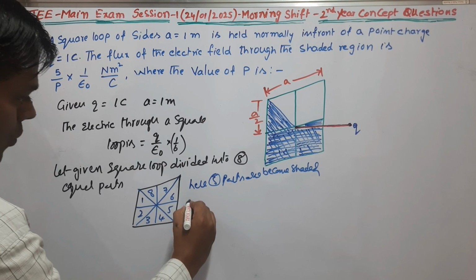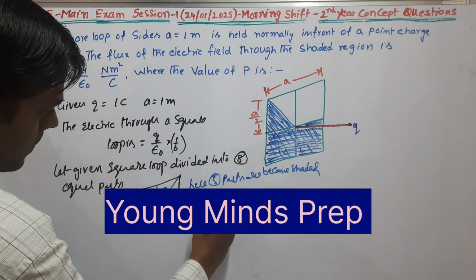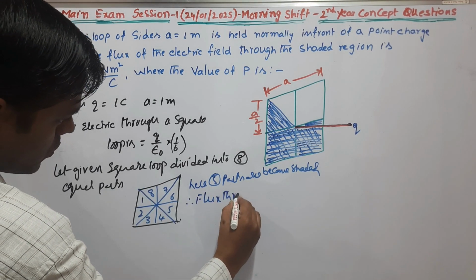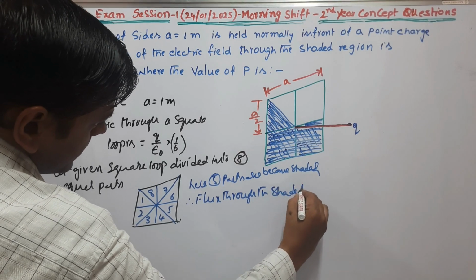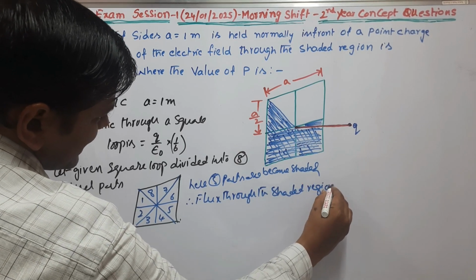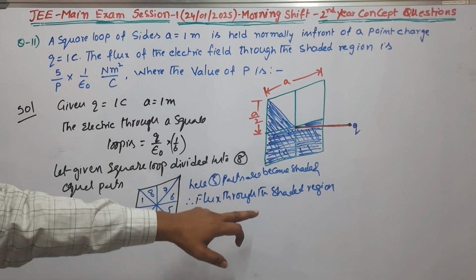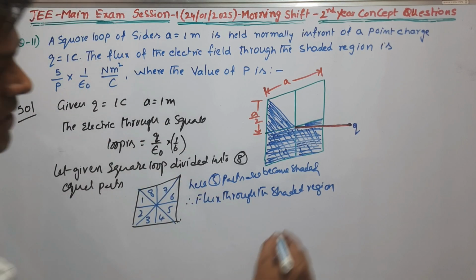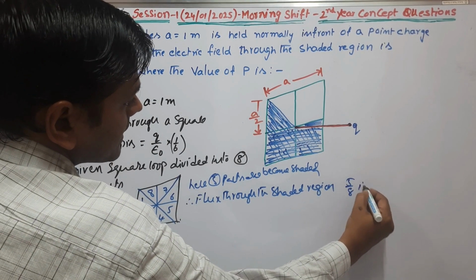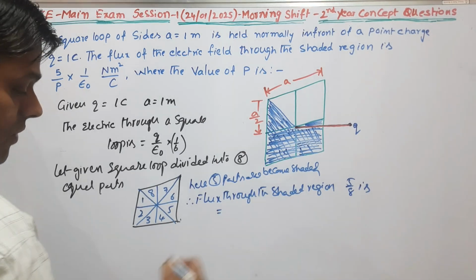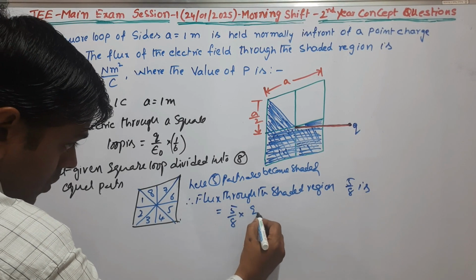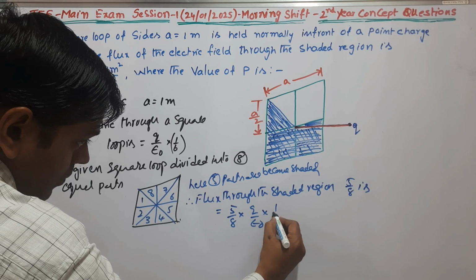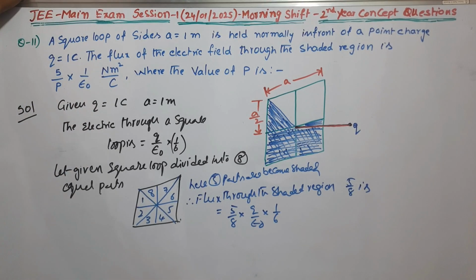So, therefore, flux through the shaded region, what is that? 5 by 8 into Q by epsilon naught into 1 by 6, isn't it?